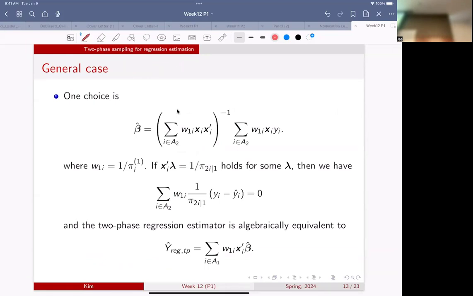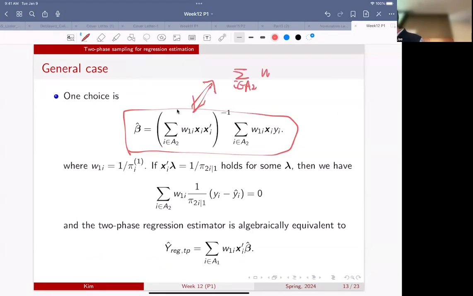So one choice is just this one. And then if you choose this one, that means it is equal to 0, right? So this is just a different way of writing. This is a closed form solution, but this is indeed the estimating equation that solves the beta hat.